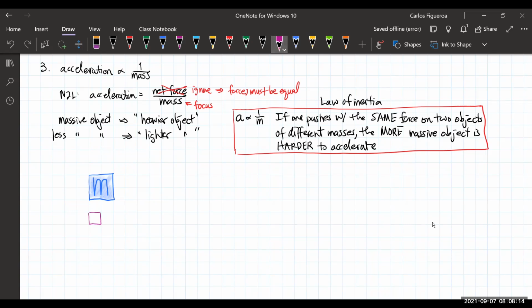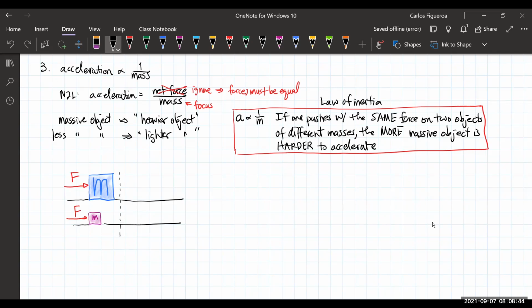So when I look at this guy, it has a smaller mass. So now what am I going to do? I'm going to push on these guys. And what I'm going to do here is I got to apply the exact same force. So you could imagine that I'm going to apply this force that's this big, and then this force that's that big. So they're exactly the same force.